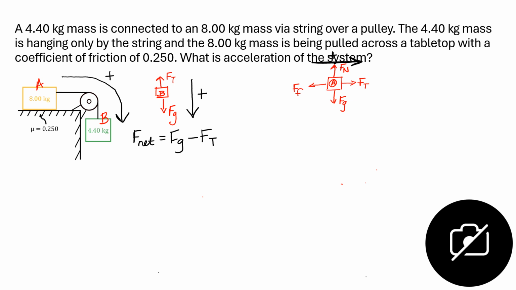If I come over to my box A, I've got an X direction and a Y direction. So for my X direction, I'm going to say F-net is equal to FT minus FF. For my Y direction, I'm going to say that F-net is equal to Fn minus Fg.